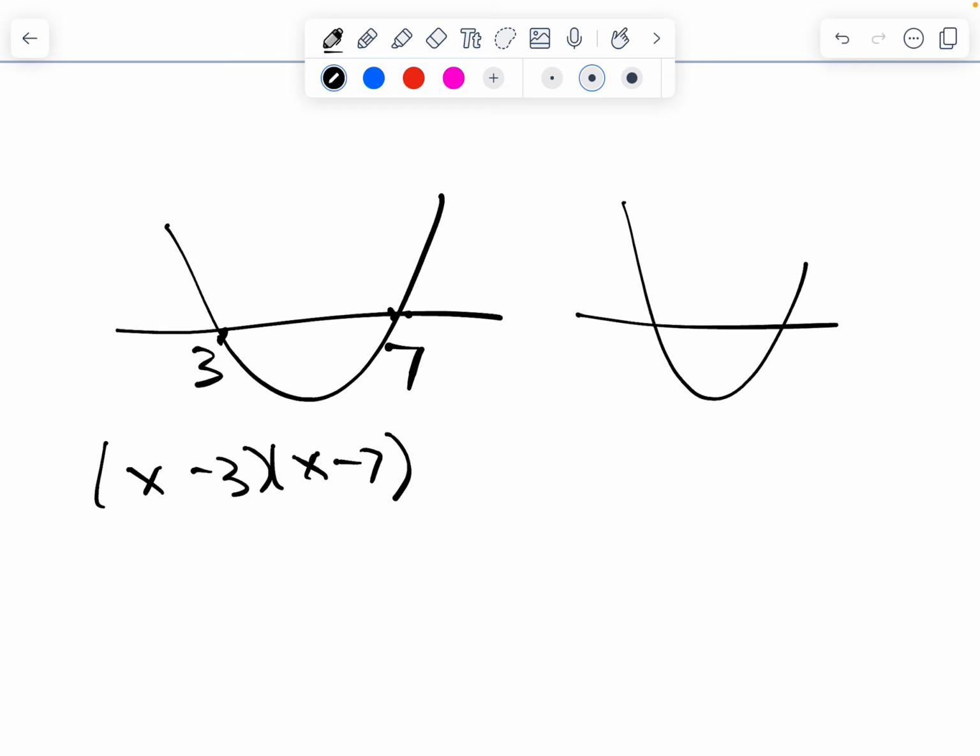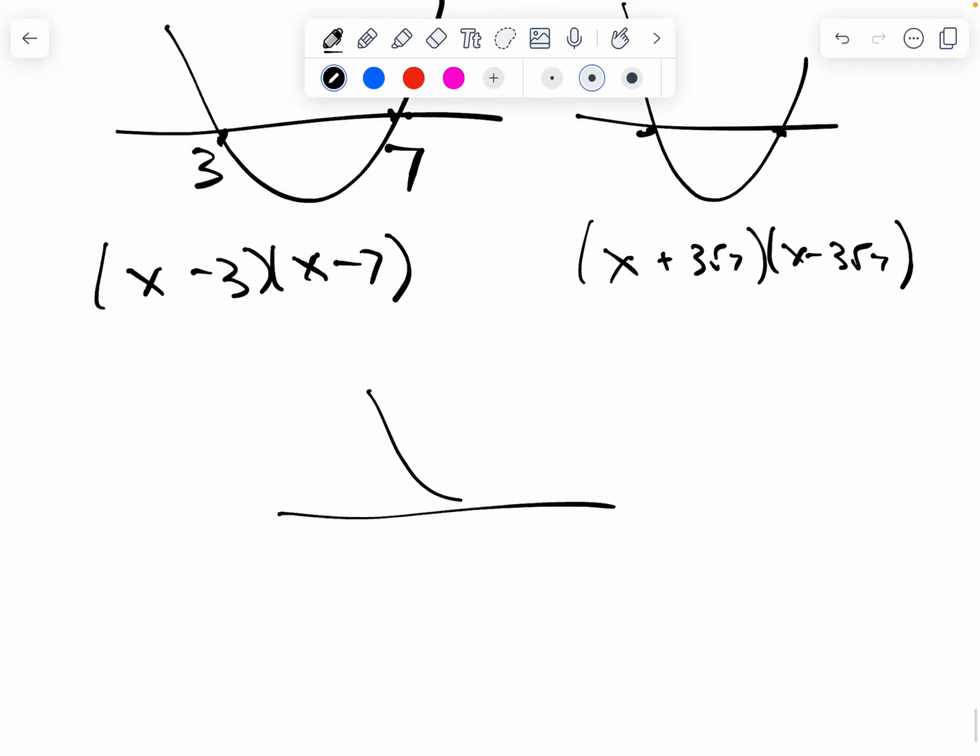If it is like this, and it's some weird decimal, it could be a nice rational number, like a half or a third, or it could be some kind of thing like x plus 3 square roots of 7, x minus 3 square roots of 7, something like that. If you have something like this, then you have 2 solutions, but they're identical.